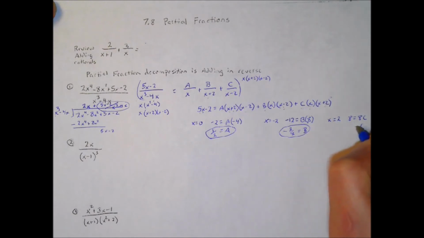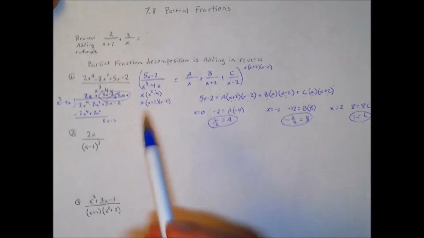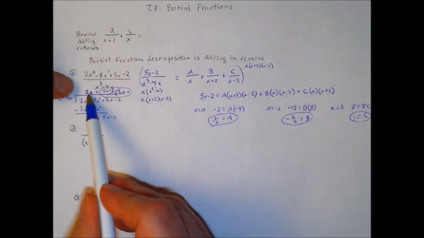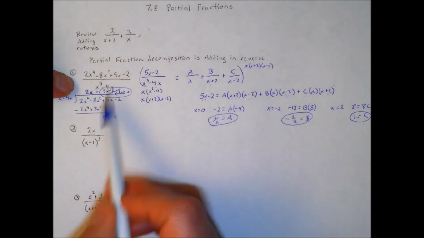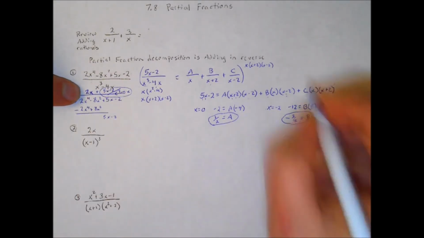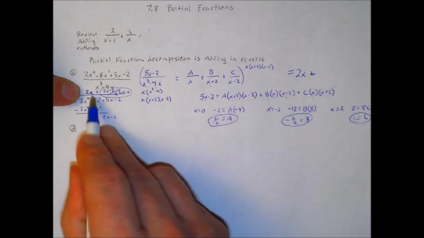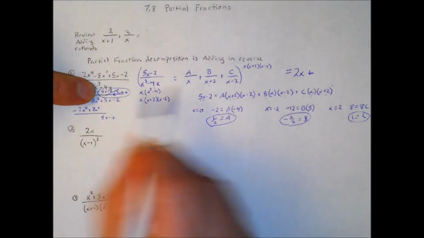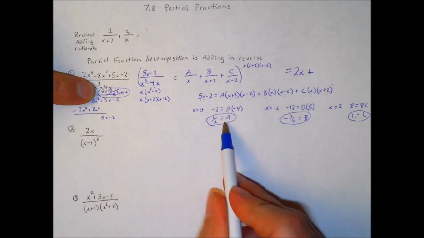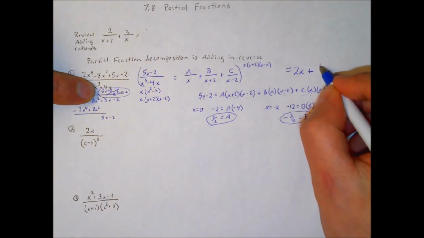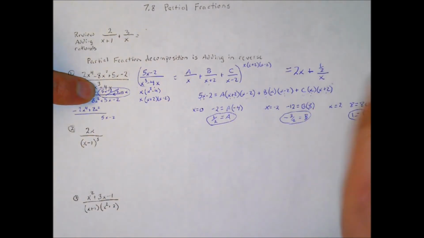So I know that my final answer, this whole thing, is going to break down into 2x plus this part decomposed into my a, which is 1/2. So 1/2 over x. You could also write that as 1 over 2x. That'd be okay as well.